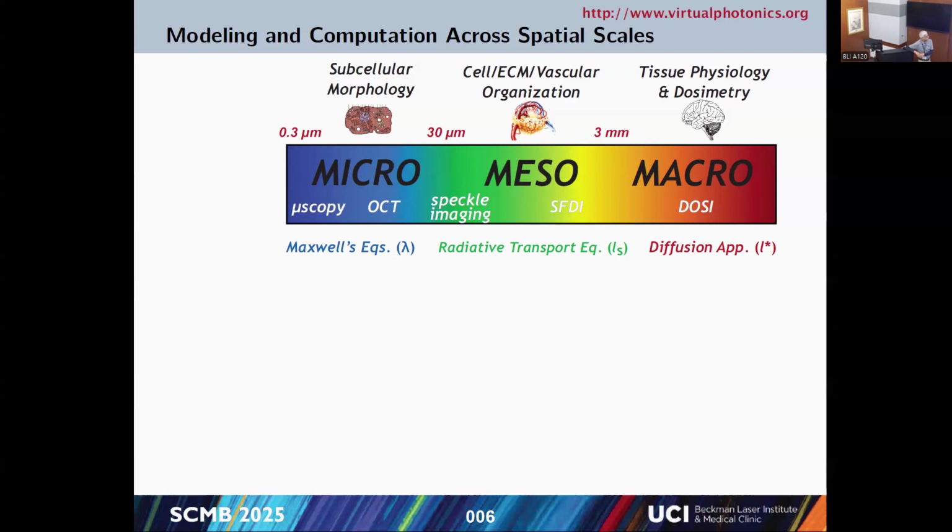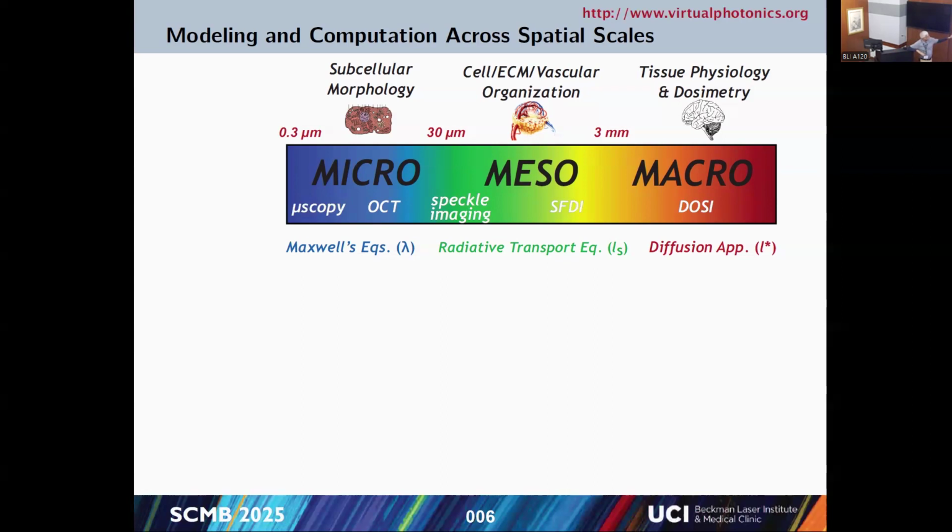The diffusion approximation allows you to solve the radiative transport equation approximately, but you can get analytic solutions, and you can implement it within, say, a finite difference or finite element solver, which is much more computationally efficient and is sufficiently accurate when you're probing large tissue volumes on the centimeter spatial scale, and is used quite a bit.